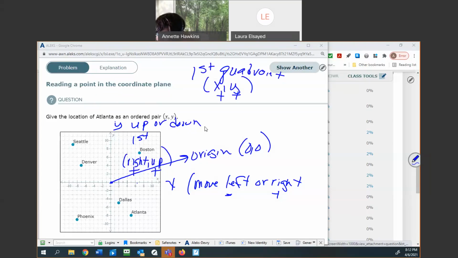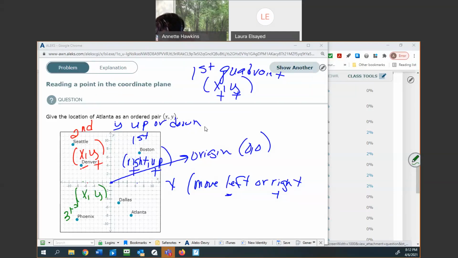This is what we call the second quadrant. In order to get into the second quadrant, I have to go left and then up. So X is negative, Y is positive. Beginning at the origin, this is what we call the third quadrant. To get into the third quadrant, I have to go left and down.